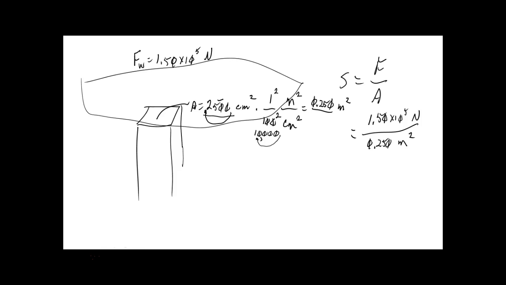Okay? Now, pull out your handy-dandy calculators and see what that gives you. 1.5 EE or EXP, whichever your calculator has, 5 divided by 0.250 or 0.25.